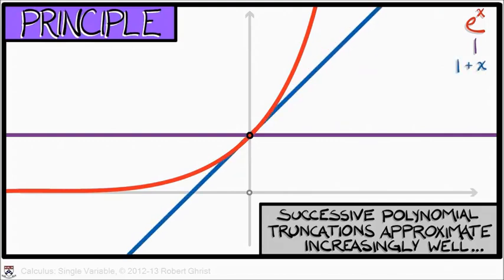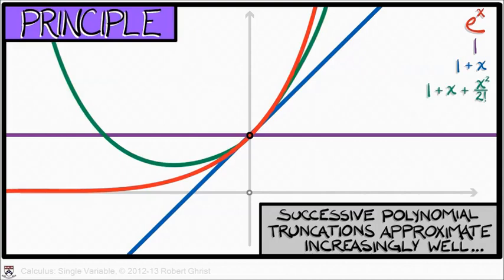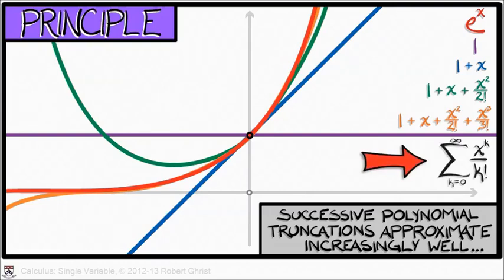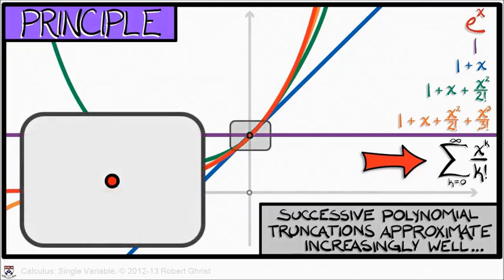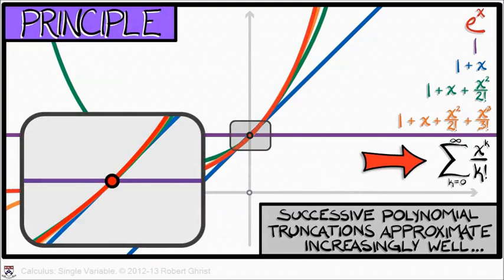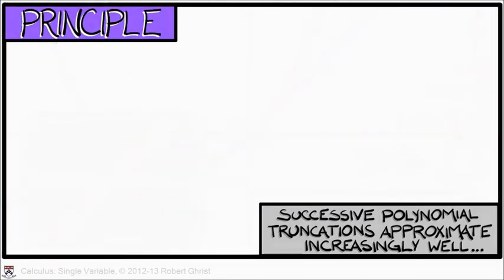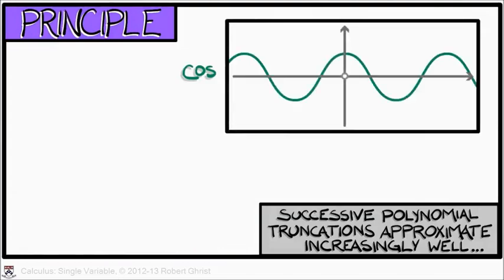But if we keep going, looking at 1 plus x, or 1 plus x plus x squared over 2 factorial, or continuing to include the cubic term as well, then we see that we're getting closer and closer to what the graph of e to the x looks like, especially if we zoom in very close to what's happening near the origin. Does the same thing work with the other series that we've looked at?